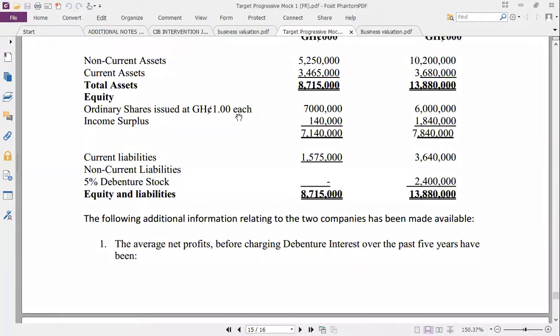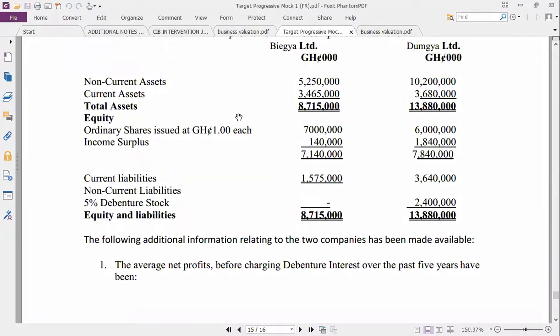So for Bija, total equity 7140 plus the non-current liability. The only non-current liability is the debenture stock. But Bija does not have a debenture.